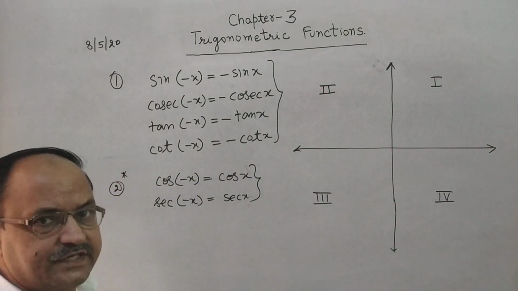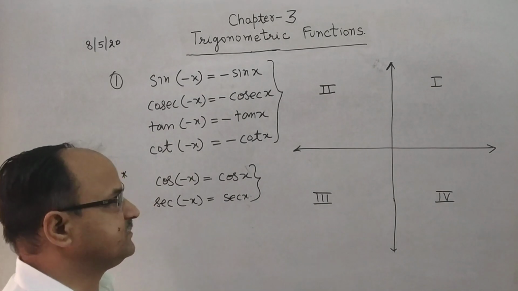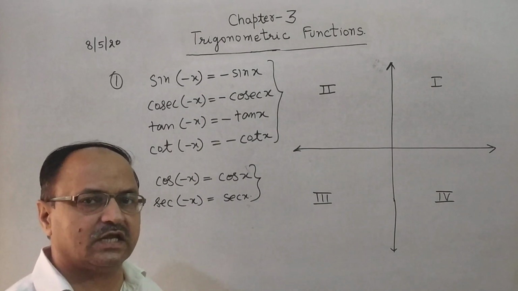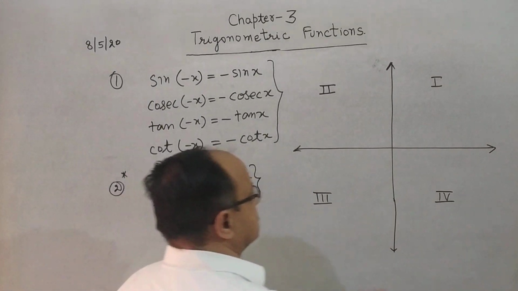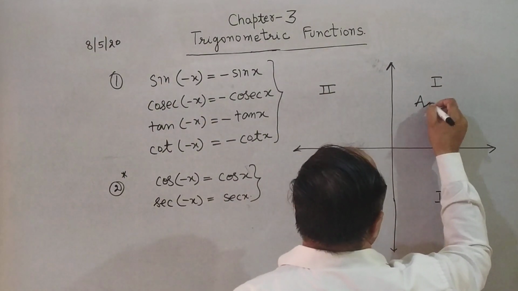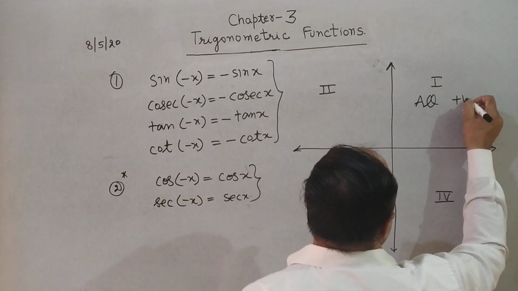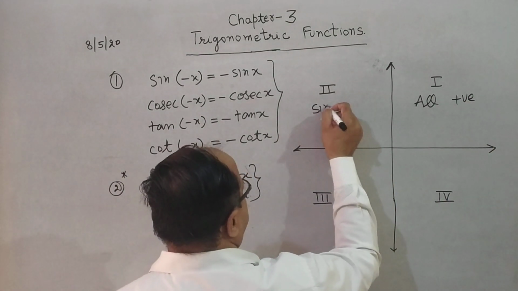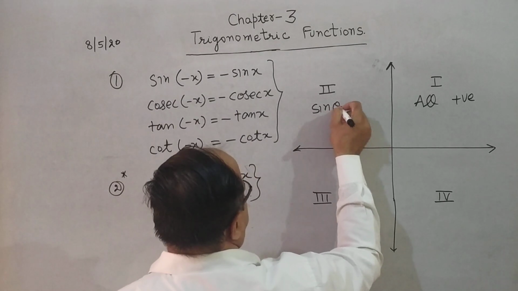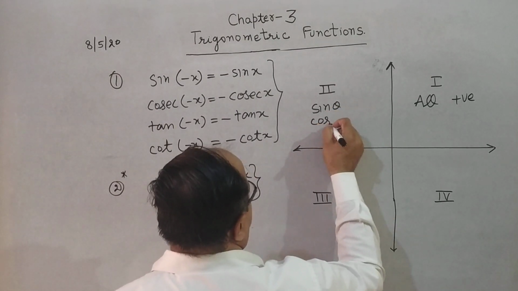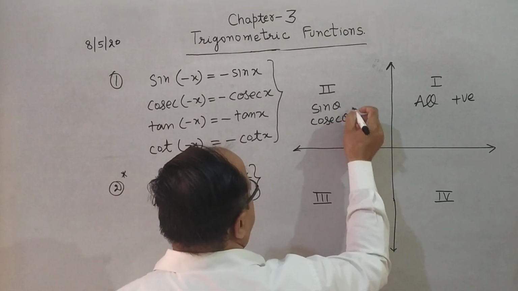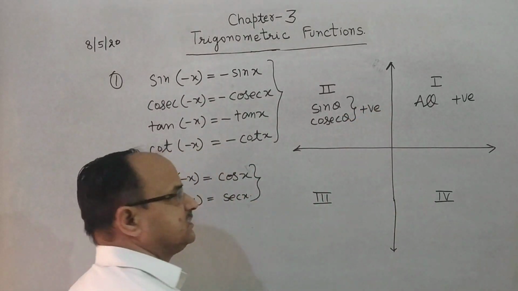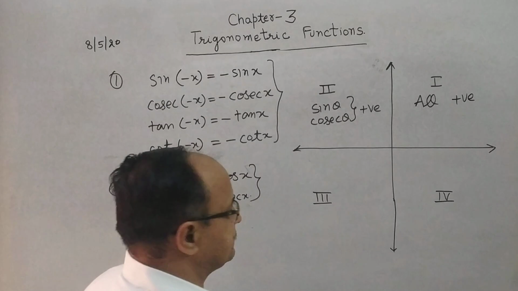In first quadrant, all t ratios positive. T ratio means trigonometric ratios, sine, cos, tan, like this. All t ratios positive. But in second quadrant, sine theta and cosec theta positive. Other t ratios negative in this quadrant.